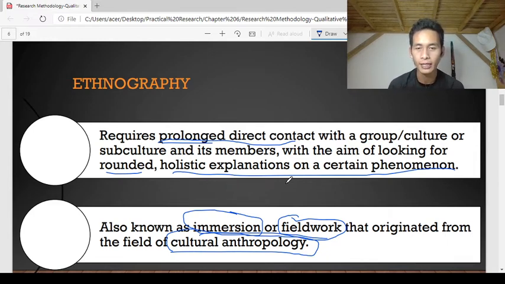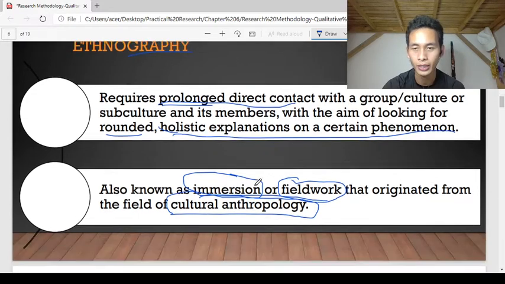Na-expose ka sa ilang language or in general, na-expose ka personally sa ilahang culture. And then, out from such experience you have, di ba? You can now create a graphic description of what you have experienced, and you can now start to answer your questions, di ba? You can have holistic explanation on certain questions.